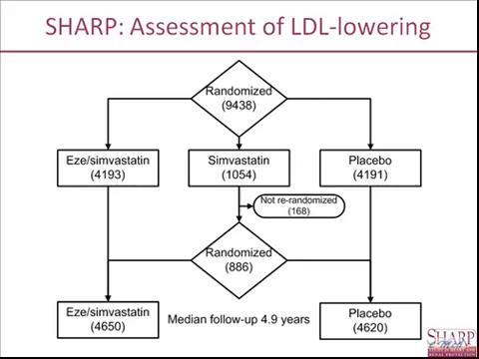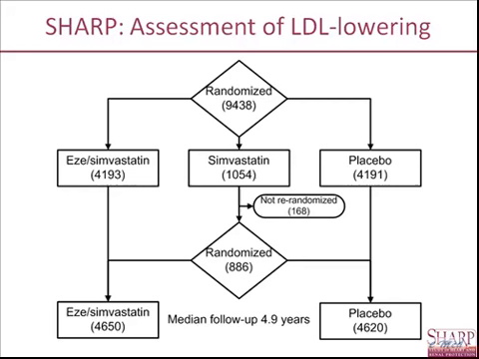The design of the study was also a little bit unusual. Almost 10,000 patients were randomized. But the first question that was asked by the investigators, and it was analyzed after 1 year of the study, was a safety question. Is the combination between simvastatin 20 milligrams and ezetimibe as safe as simvastatin alone or as placebo?